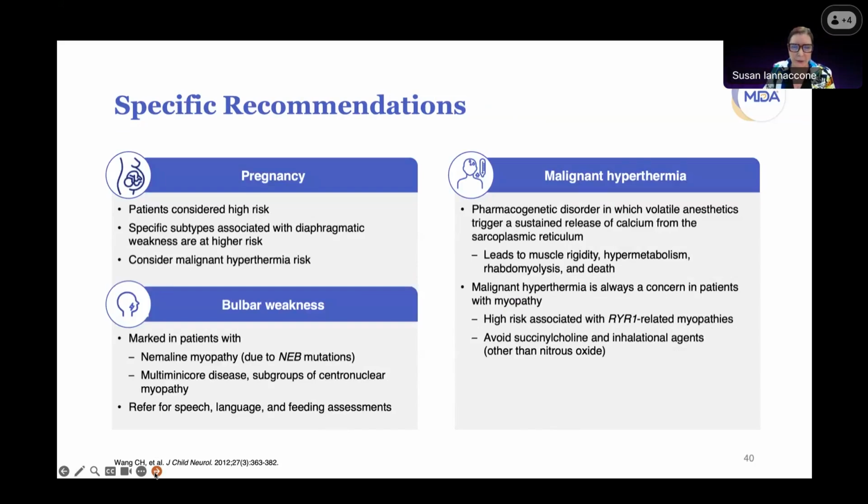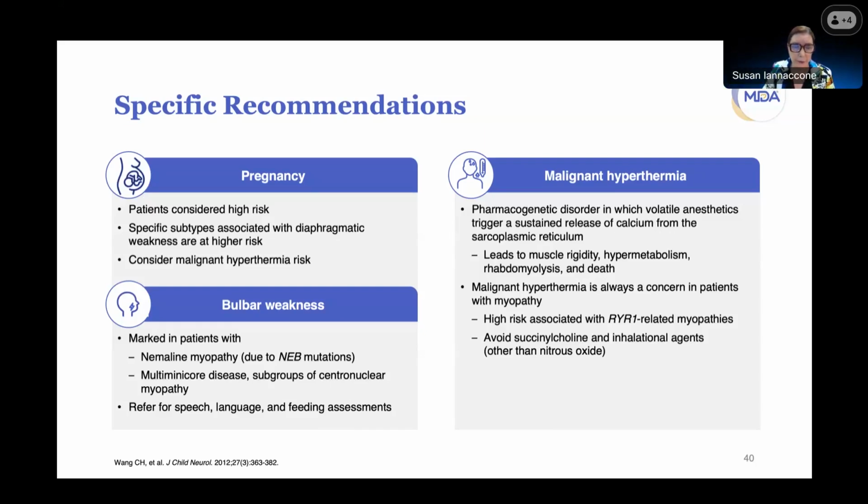So the good news is that with all of this management, we have patients surviving childhood and getting into adulthood. And so now we have new problems to deal with, to talk with our patients about management during adulthood. So any adult woman with a congenital myopathy would have to be considered a high-risk pregnancy.